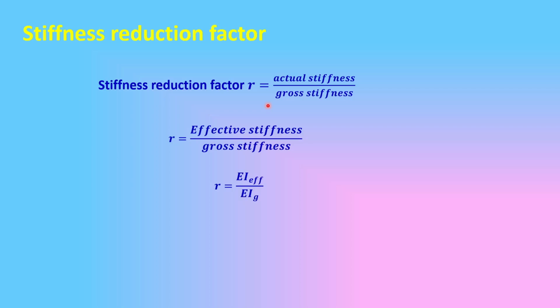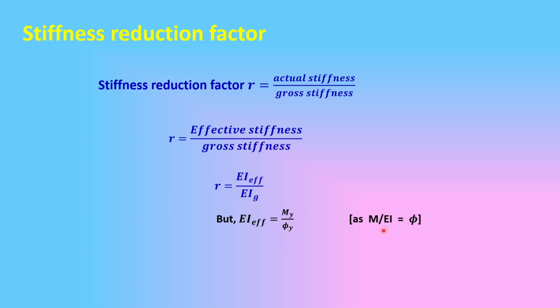Effective stiffness, how we have written EI effective: if we are considering the flexural case, then EI, the rigidity term, is always there. So we have written EI effective and EI gross. Now EI effective equal to My by phi y. Why?